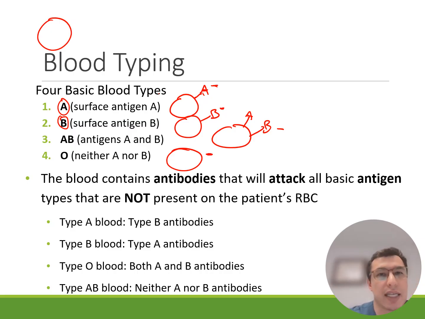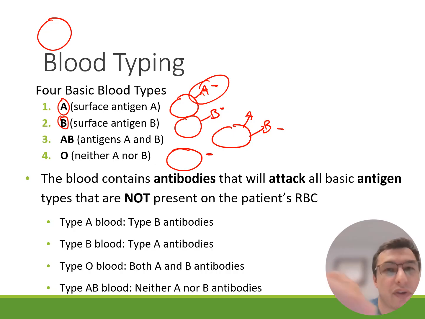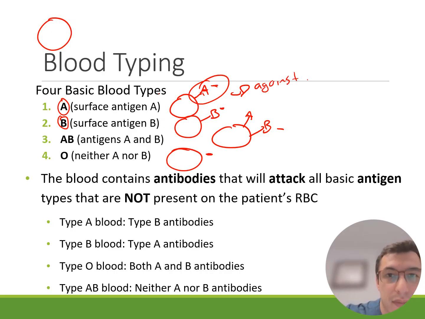Now the human body is using this antigen as an ID card to find out if the cell belongs or doesn't belong. So your body will produce antibodies against B. Your body naturally will produce the opposite of the antigen that is present on the red blood cells.